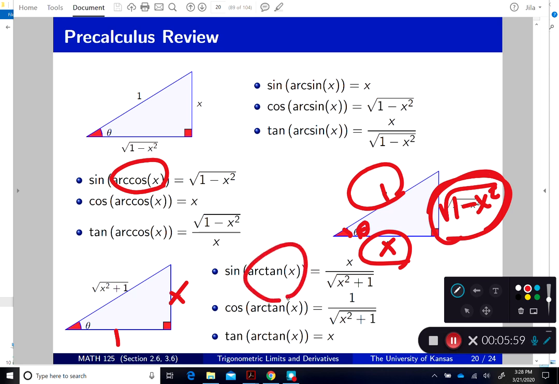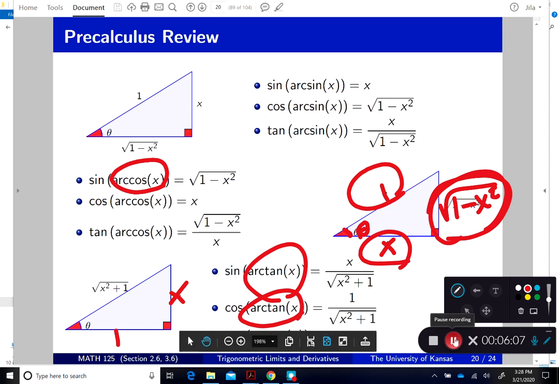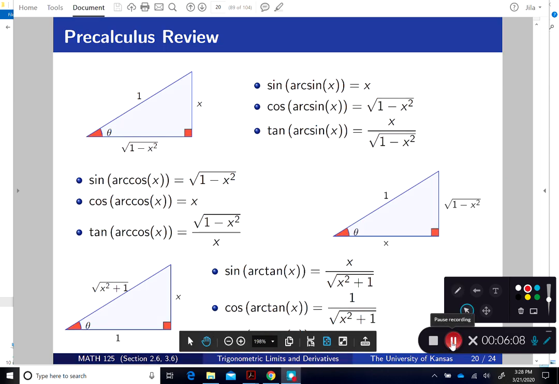Here again, theta is here: sine of theta, cosine of theta, and tan of theta. We use this PreCalculus information to find the derivative of the inverse trig functions, the arc functions, and that's in the next video.